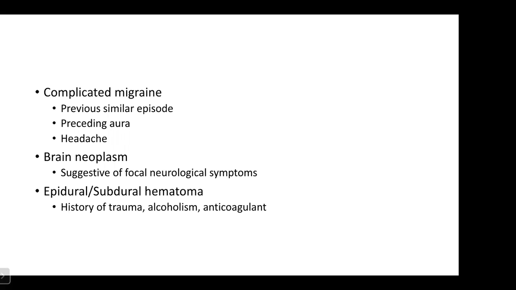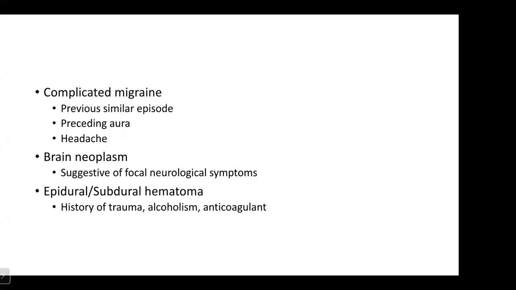Epidural and subdural hematoma. In a patient with epidural or subdural hematoma, there must be a history of trauma, and in alcoholic patients, those who consume alcohol, there is a chance of trauma. So we must ask for a history of trauma in an alcoholic patient.